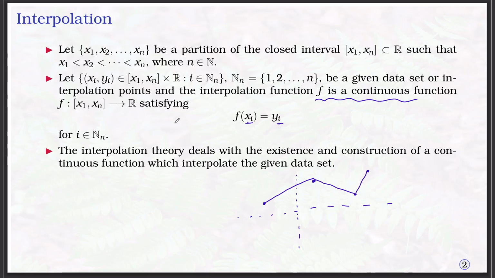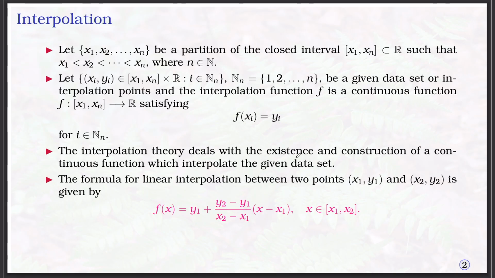So, for finding the straight line between two points in the xy plane, if x1, y1 and x2, y2 are given in R power 2, then one can use this formula: f of x equals y1 plus (y2 minus y1) divided by (x2 minus x1) times (x minus x1).